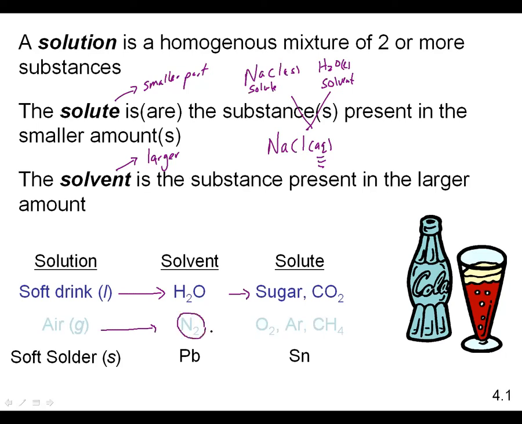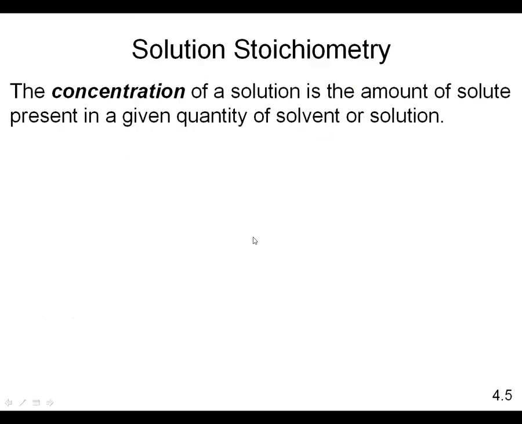Nitrogen would be the solvent, while we have oxygen, argon, and some other things floating around. And then solder here, lead is the major component, and tin would also be included in there. So, usually when we think about a solution, we think about things being aqueous, but technically speaking, you could classify those other things as a solution as well.